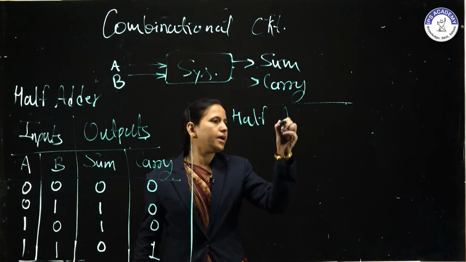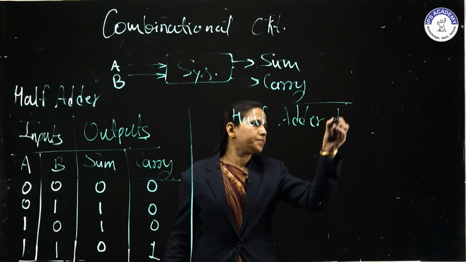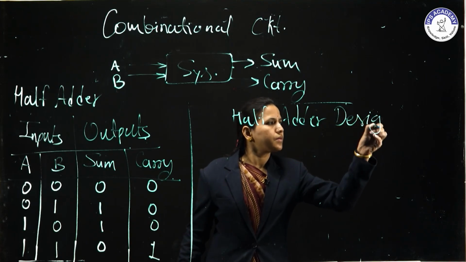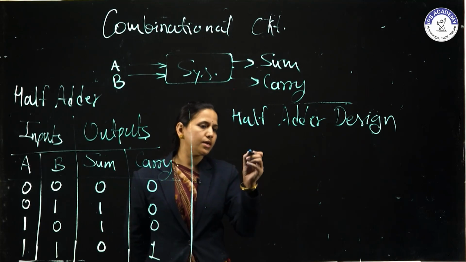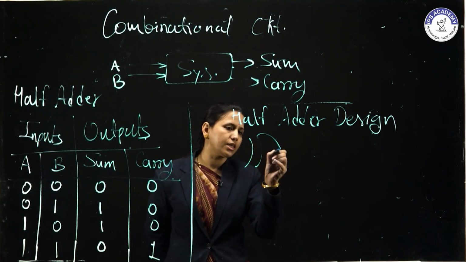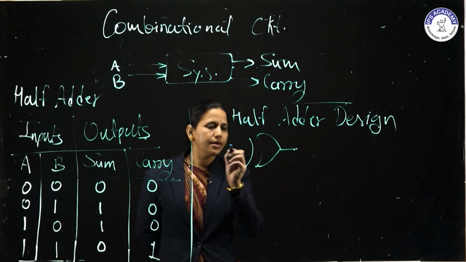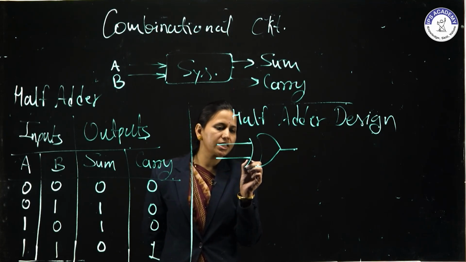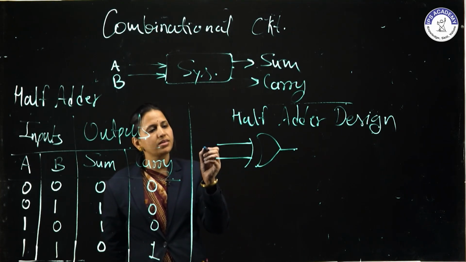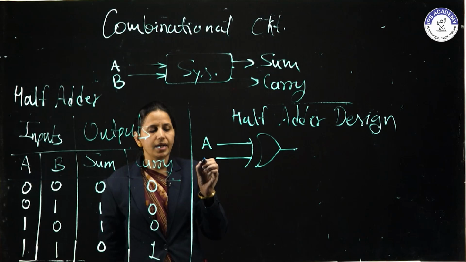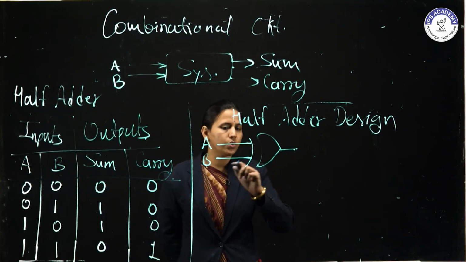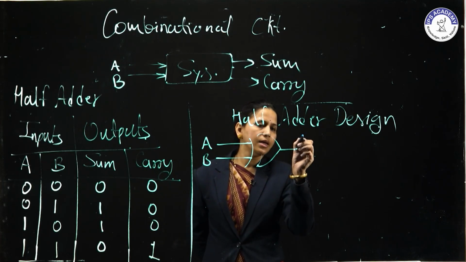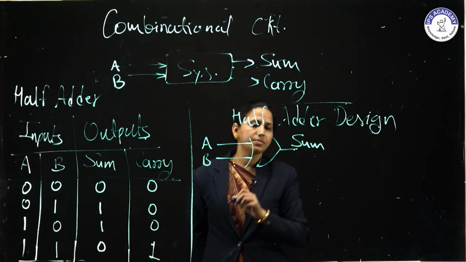Half adder design. For sum we can use an exclusive OR gate. Inputs of the exclusive OR gate will be the same as the inputs of the half adder, so we take A and B as inputs, and the output is the sum.